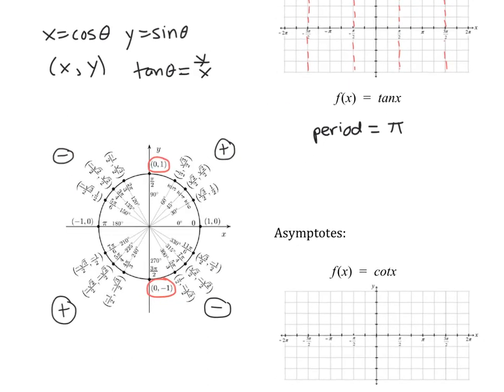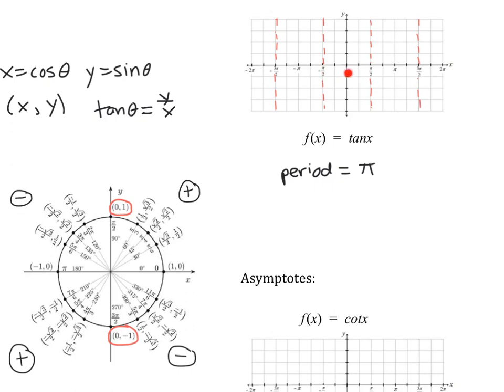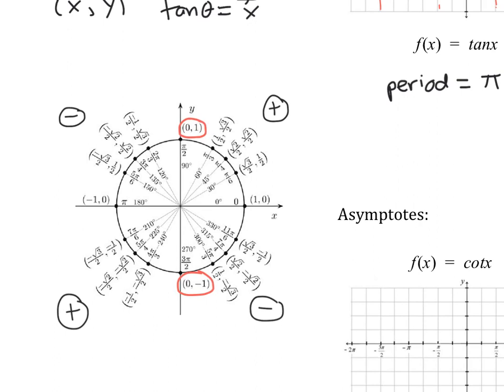So now all we need are a few points within one of our periods, and then we could just repeat those in each new region. When I'm picking coordinates, I'm going to, of course, pick ones that are easiest to plot. So I'll pick this one because if I do y over x, it's 0. I'll pick pi over 4 because if you notice, the x and y values are the same, so if I do y over x, it's 1. So it's really easy for us to plot.